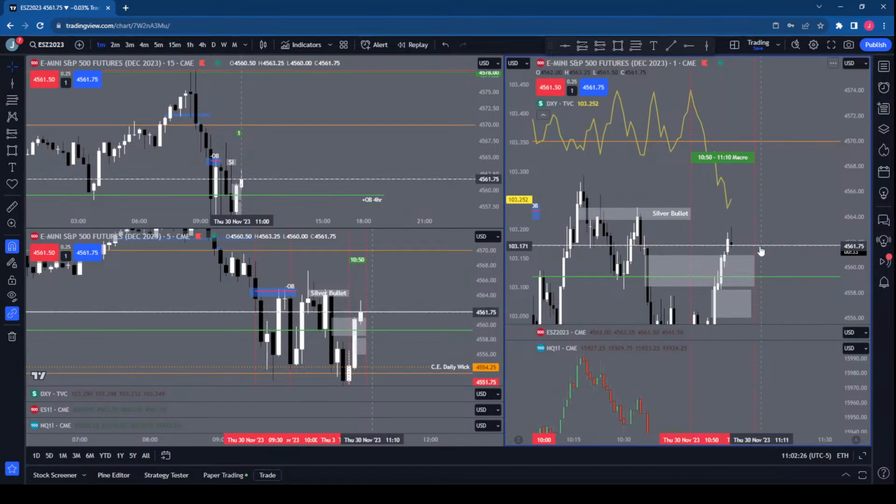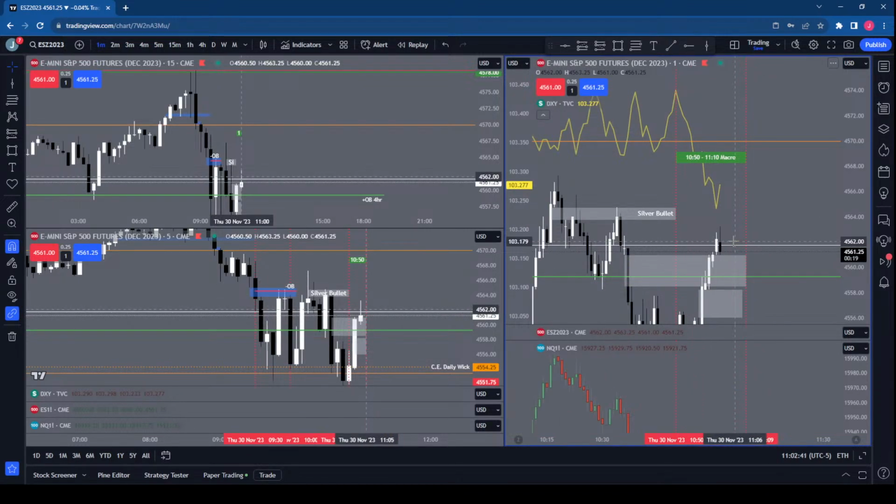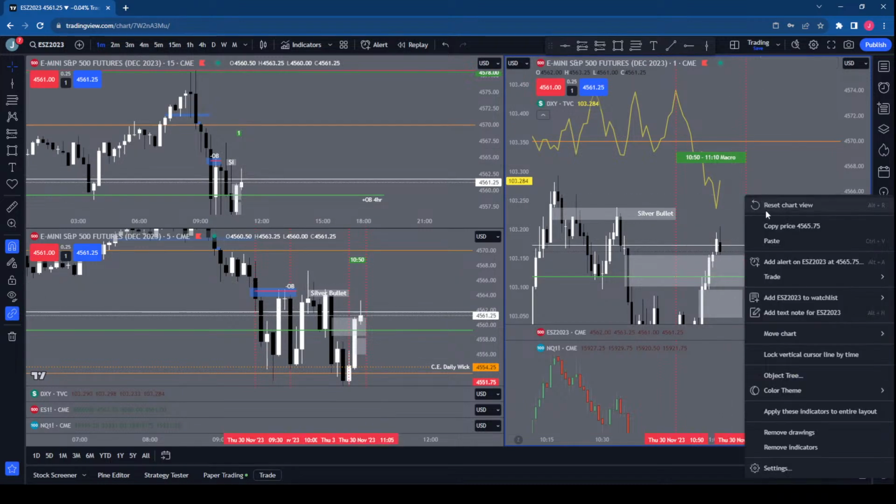I might try to, if we print a down close candle into this, I will buy it when we break above and go back above that down close candle.